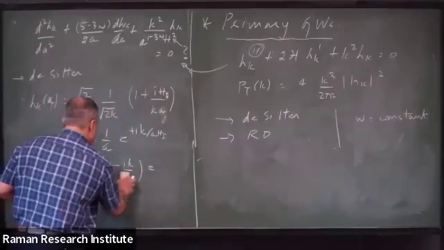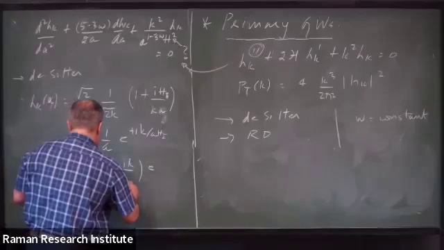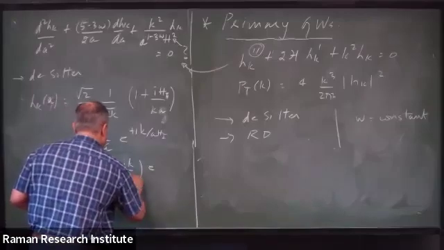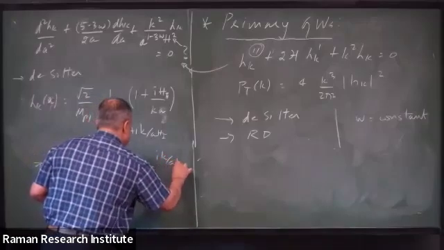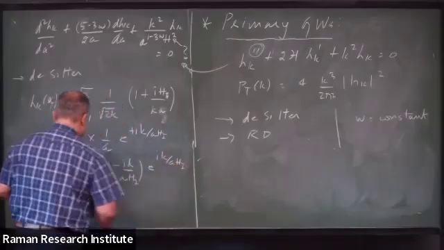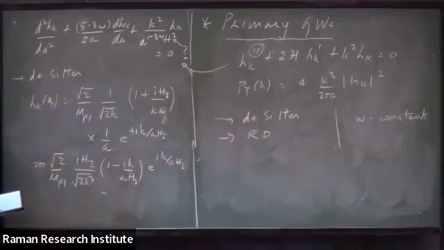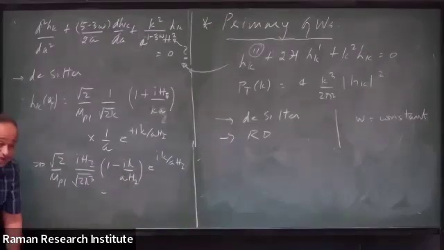I will not write it like this. It is 1 minus i k by aH, e to the power i k by a_I H_I, H_I being the Hubble scale during inflation. This is the solution, and this is in de Sitter.